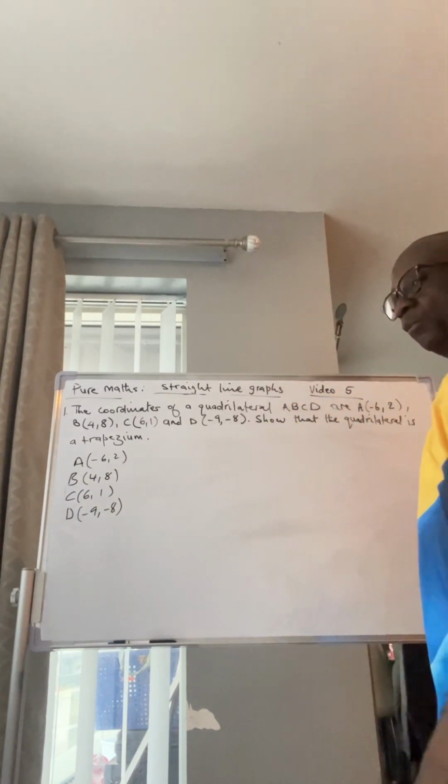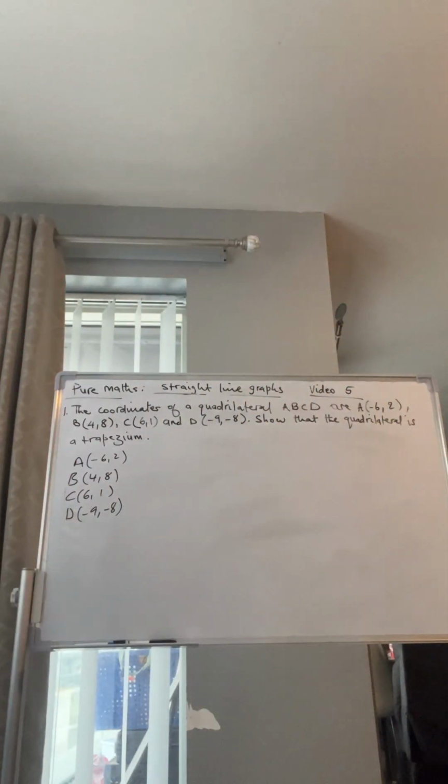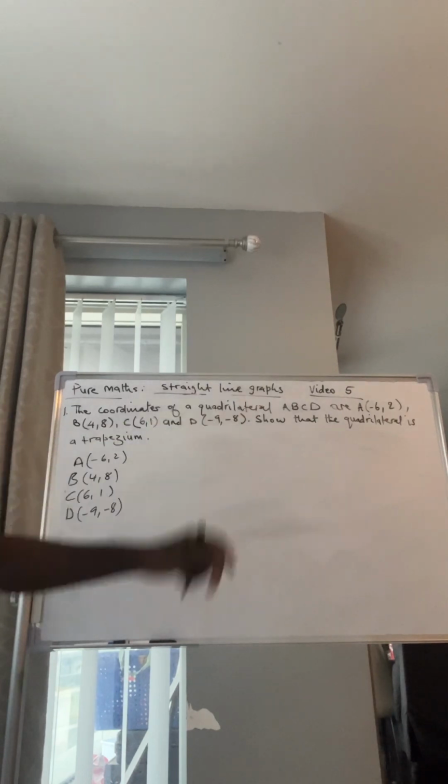What do we know about parallel sides? When 2 lines are parallel, because here we're looking at lines, this is straight line graphs.